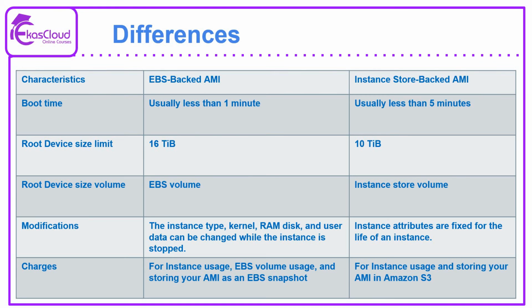The root device has a size limit of about 16 TiB, and the root device volume is the EBS volume type. You can usually change the instance type, the kernel, the RAM disk, and you can update or upgrade the user data for your instance if you go with the EBS-backed AMI.